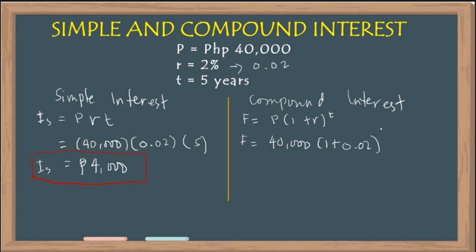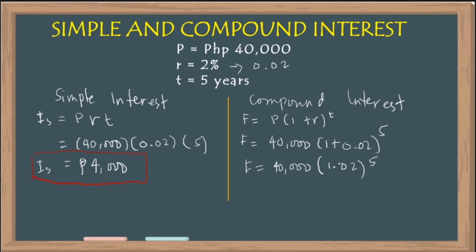Then yung time is 5. Then, copy 40,000. Then, you add this one, 1.02. Kasi unahin muna natin yung parenthesis. And after this, wag mo munang i-multiply itong 40,000 at 1.02.